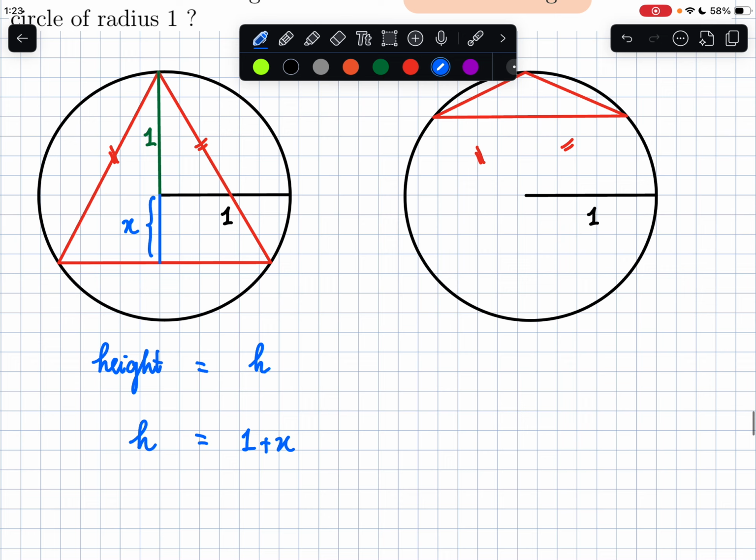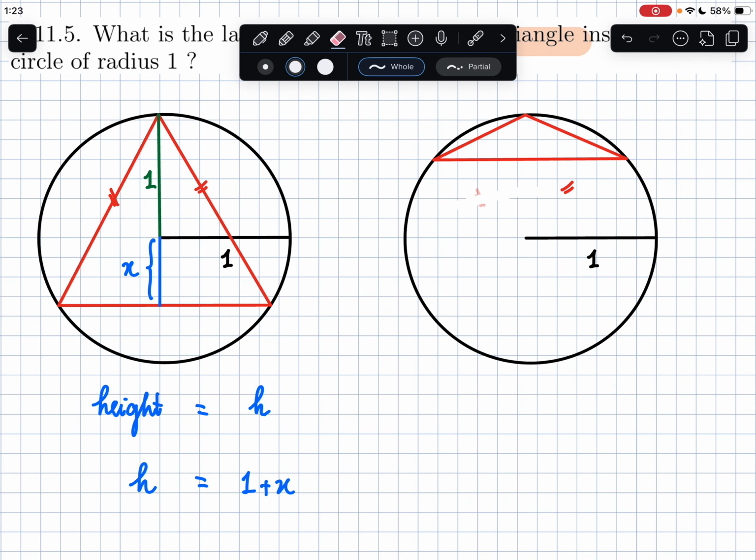Now, if I do the same for the second case here, the distance from the center to the base is x prime. So the height will be this height.